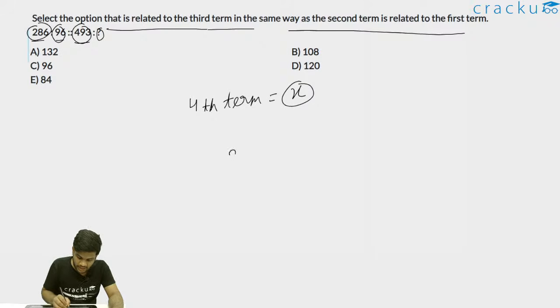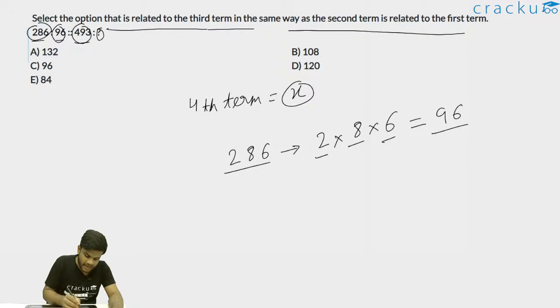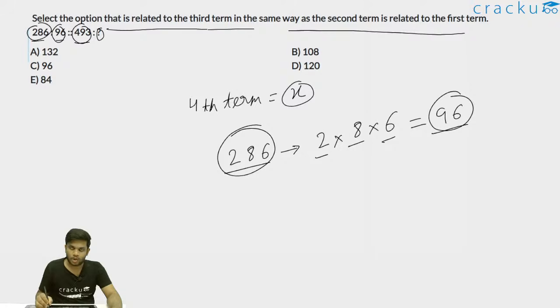So if we look at it carefully, for 286, if we multiply all the digits together, 2 into 8 into 6: 2 into 8 is 16, 16 into 6 is 96. So the second term is the product of the digits which are there in the first term.